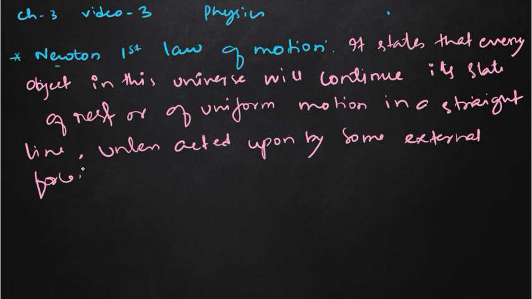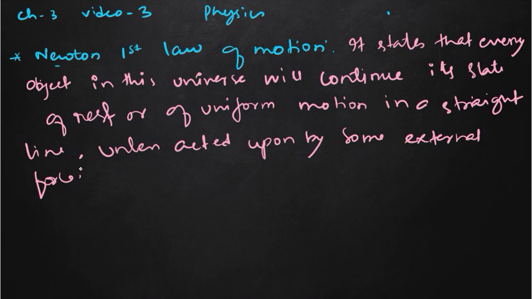Suppose we take one book which is lying on the table. Obviously it will be at rest, so if we apply some force, then only that book will change its position. That means it will change its state of motion. Similarly, if a marble is rolling, it will not stop unless some external force acts on it.